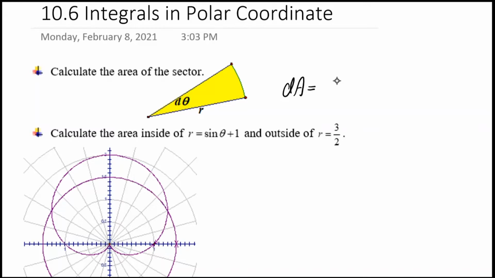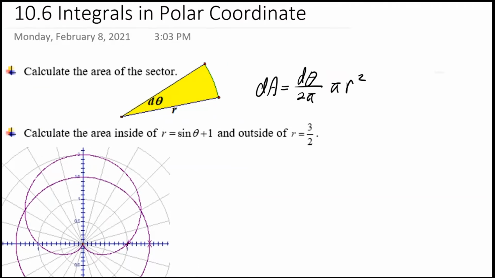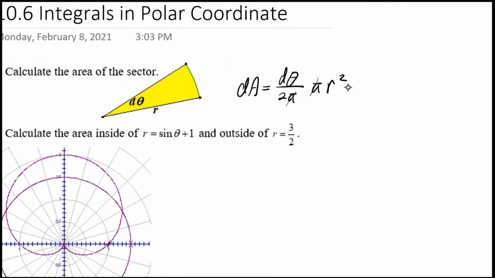You're going to do it that way, right? Theta over, or in this case d theta over 360 times pi r squared. Okay, let's go that way. Good. See the pi's cancel? So we have 1/2 r squared d theta. How about that?